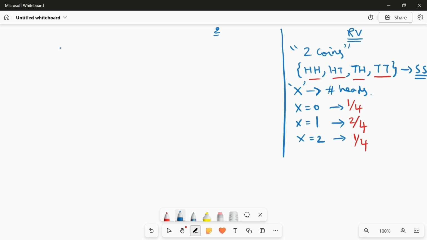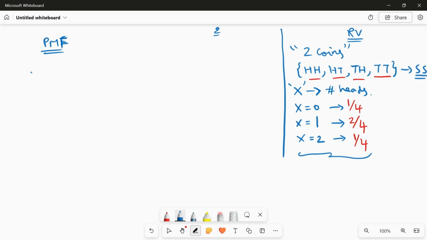Extending this random variables concept, we'll see one more concept called PMF, the probability mass function, okay? The name says function, which means there should be some input and some output. In fact, whatever we have done is this part, and this is called PMF. The probability mass function is a distribution.